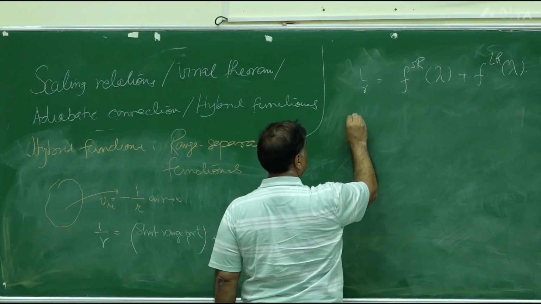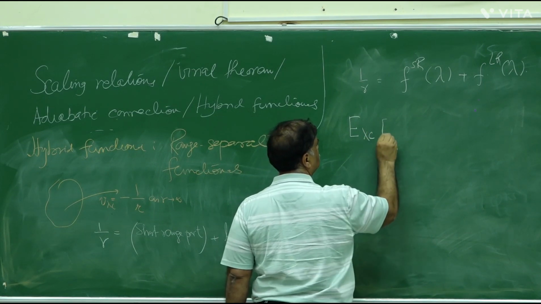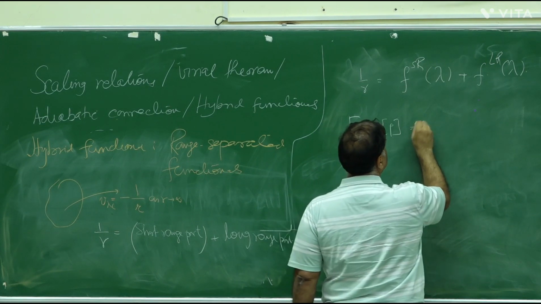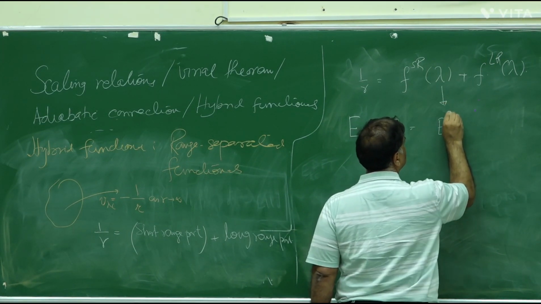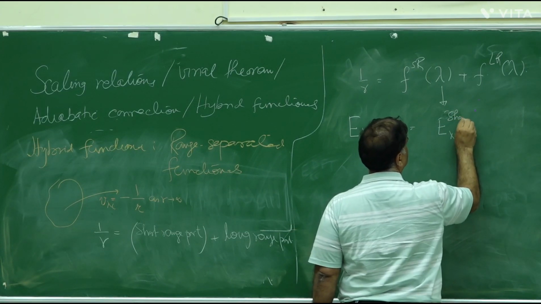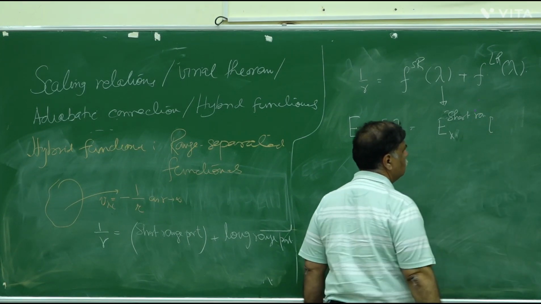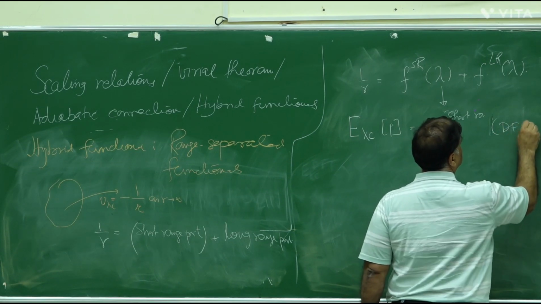And then you write the exchange correlation functional as this: you treat E_XC or E_X short range in density functional approximation.